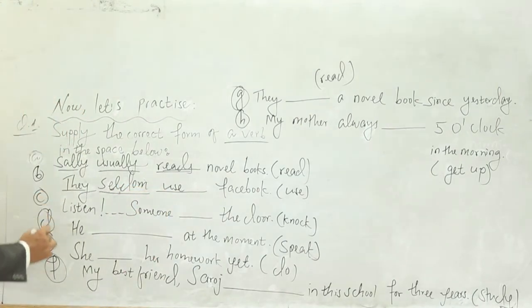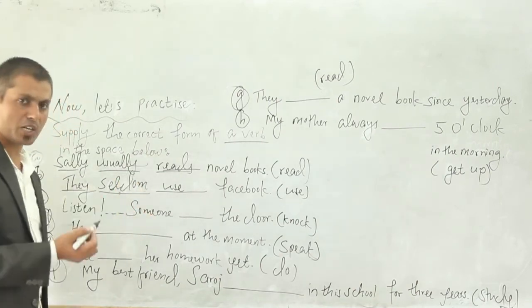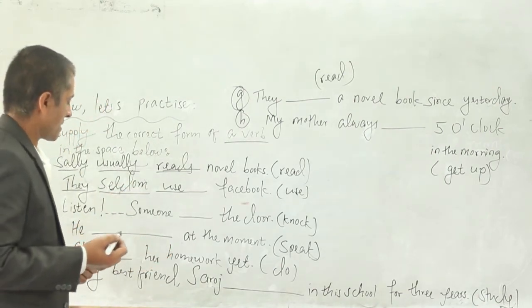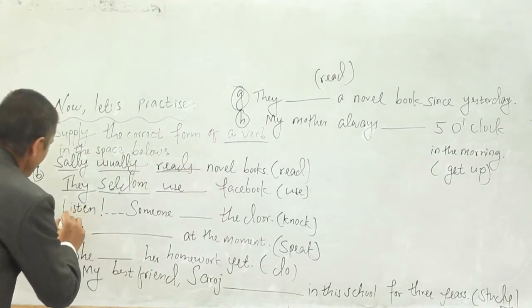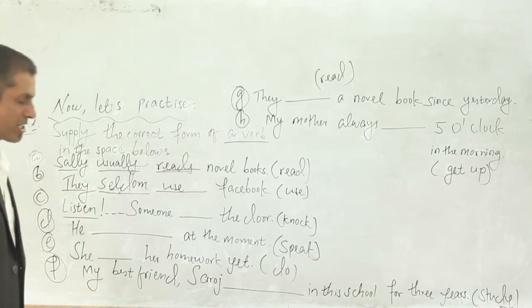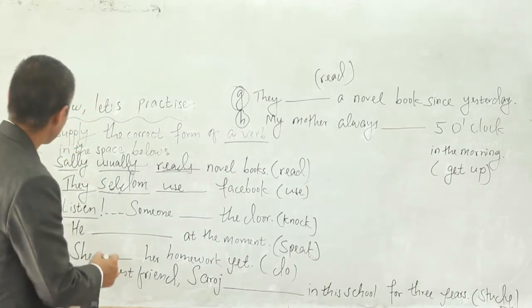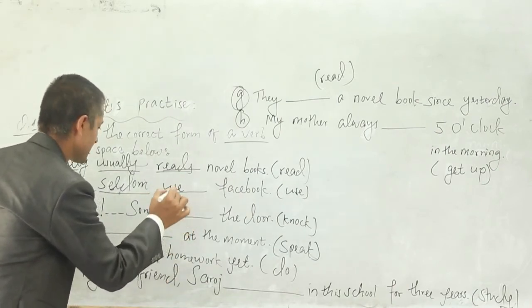Now number C, listen. Someone dash the door. Knock is given there. Listen. What is the single word or indicator to find the correct form? The relation, as I already told you: if there is an exclamation mark like this, with someone, it is present continuous tense.